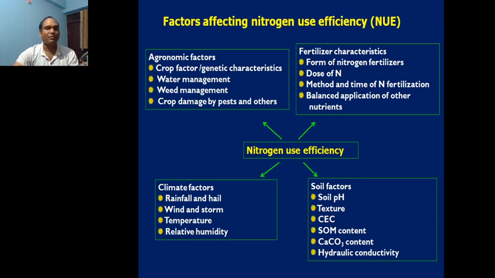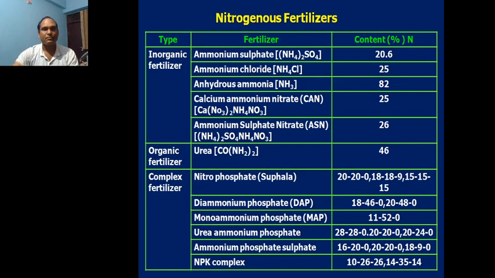Climatic factors such as rainfall, temperature, relative humidity also control nitrogen use efficiency, and several soil factors such as soil pH, texture, cation exchange capacity, soil organic matter content, calcium carbonate content, hydraulic conductivity, and many other factors control nitrogen use efficiency within flooded ecosystems.